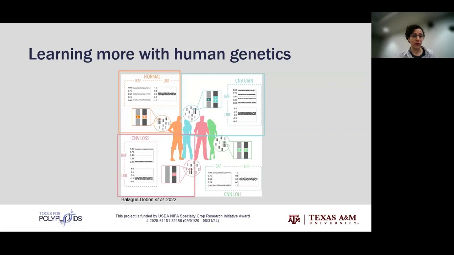And if a loss, a deletion, happens, this value would drop a little bit, and we will not have the heterozygous class here. And if we have loss of heterozygosity, a homozygous state, we will also not have the dots in the half here, in the heterozygous, but the log R will stay the same, because it's not a deletion.